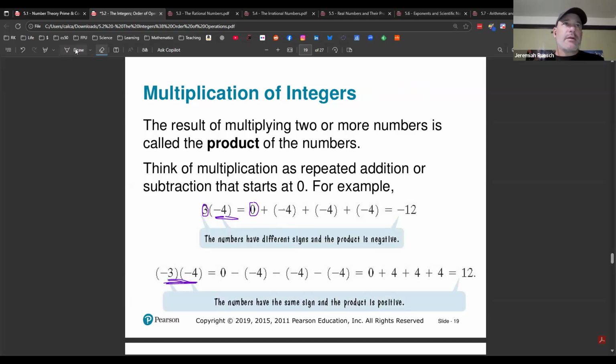So what it's saying here is that we start at 0, okay, and it's saying that you have a negative 4. You still have those 3 copies. That's what it's saying. And I was trying to make them all the same, but hopefully that's okay. All right, so you're still over here at negative 12.